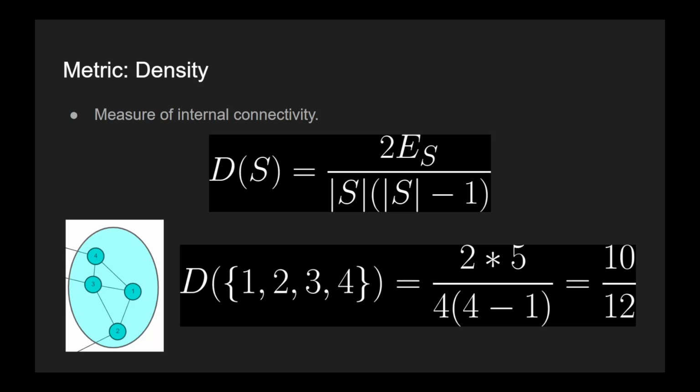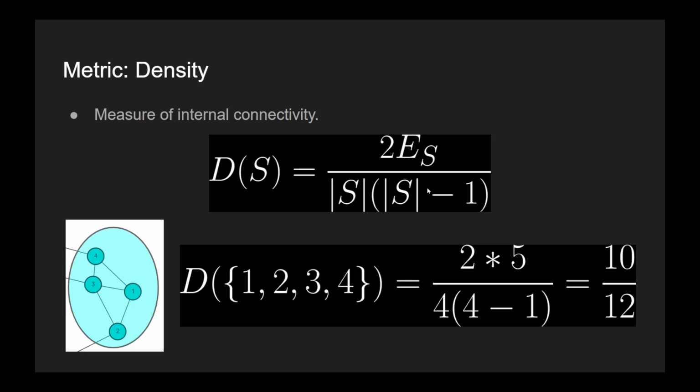So just as a warm-up, let's look at some of the metrics before we get to modularity. Here we're looking at density. Again, this is a measure of the internal connectivity. Here's the equation for density. The density D of a group of nodes, S, is given by 2 times the number of edges between those nodes, divided by the size of S times the size of S minus 1.